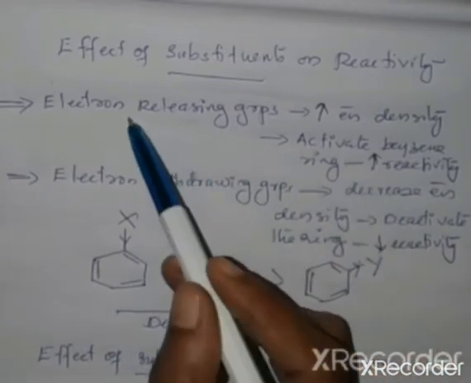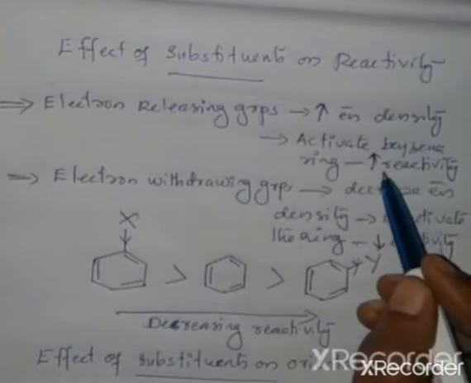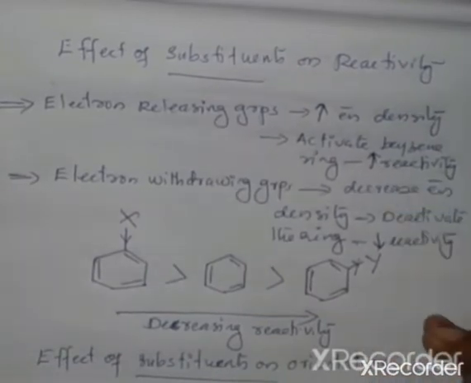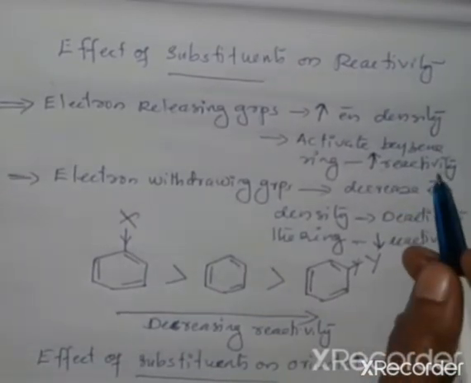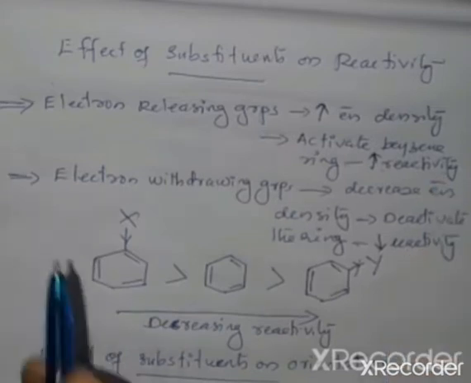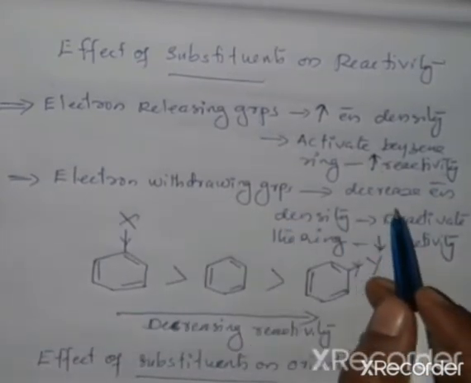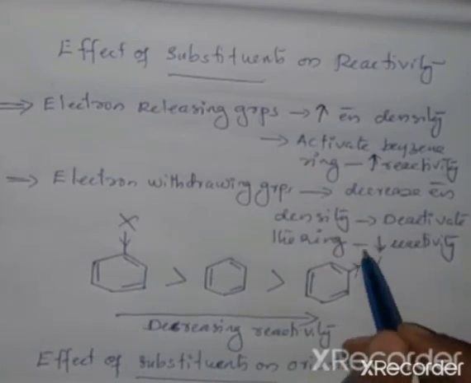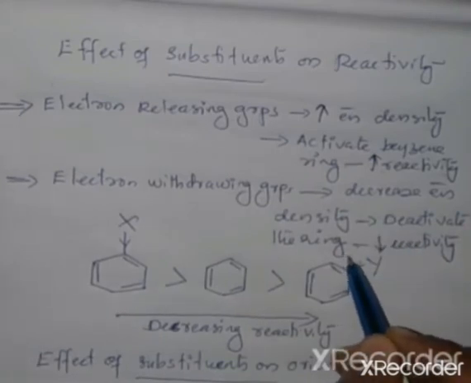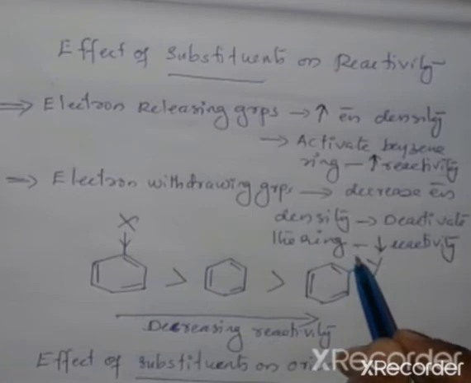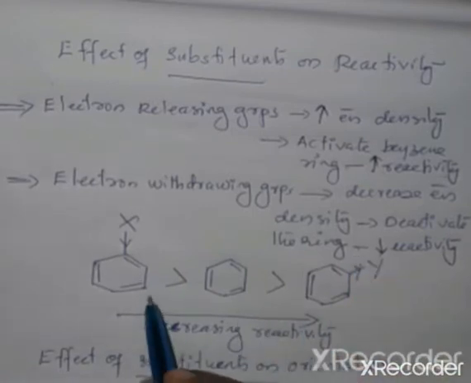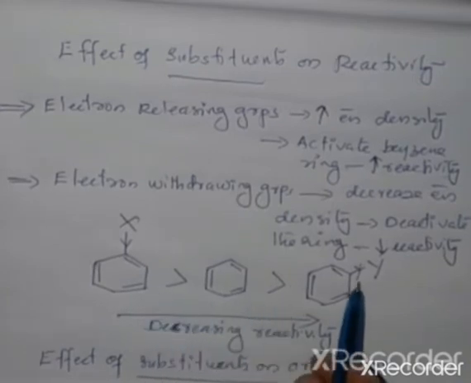That is, the electron releasing groups increase the reactivity of the compound towards the electrophilic substitution reaction, and electron withdrawing groups decrease the electron density and deactivate the benzene ring, and therefore decrease the reactivity of the compound towards electrophilic substitution reaction. Here we compare the three types of compounds.